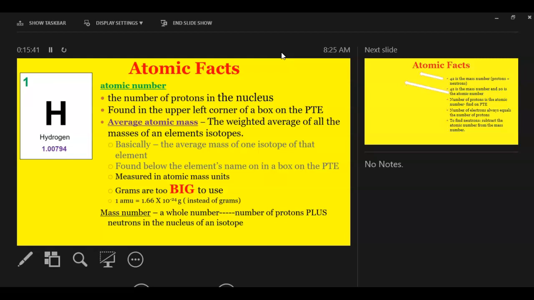The weighted average of all of the masses of the naturally occurring isotopes of an element.